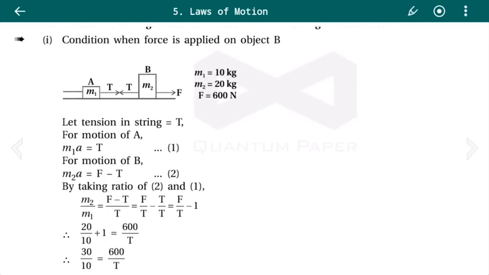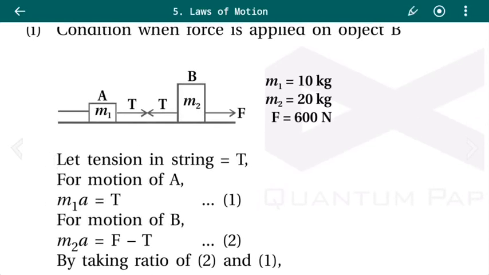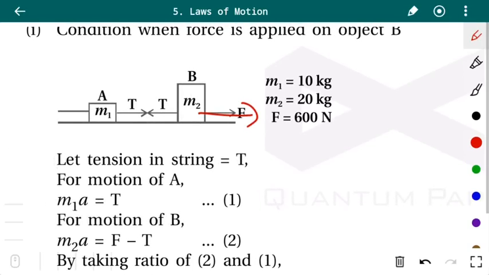For motion of B, force applied is in this direction and tension is in the opposite direction.